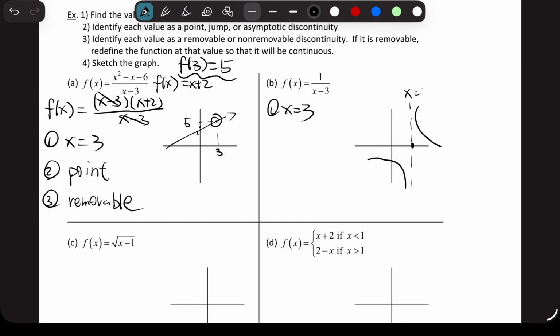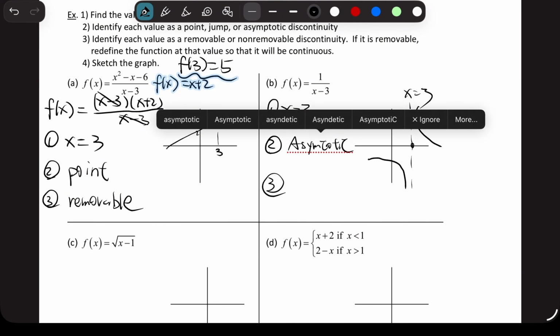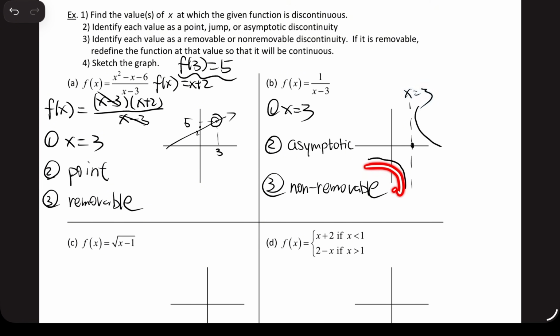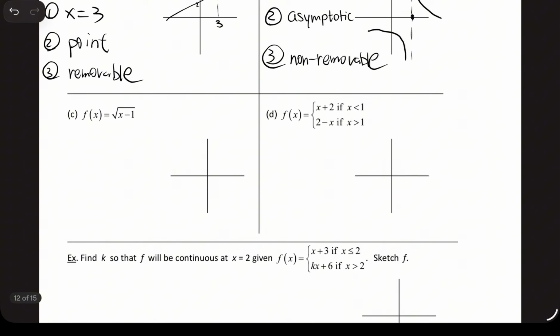Since there's an asymptote, we can say this is an asymptotic discontinuity. Since it's an asymptotic discontinuity, it is non-removable. Ooh, there's a little typo. Non-removable, because the left limit doesn't equal the right limit.